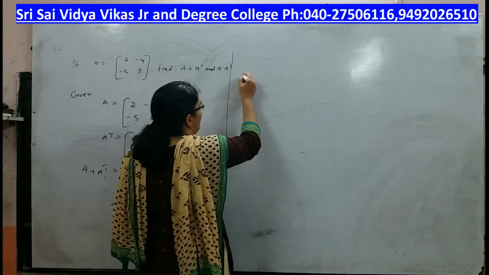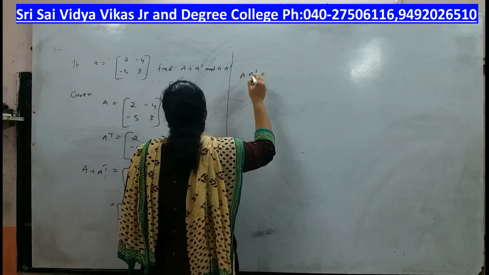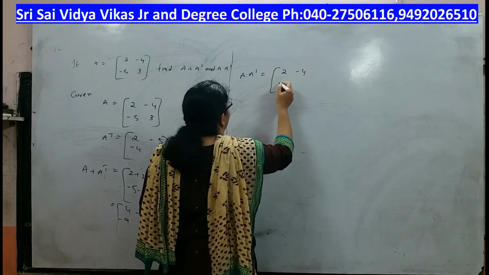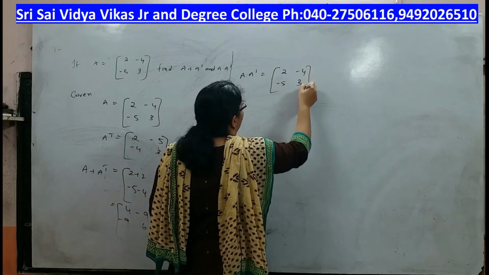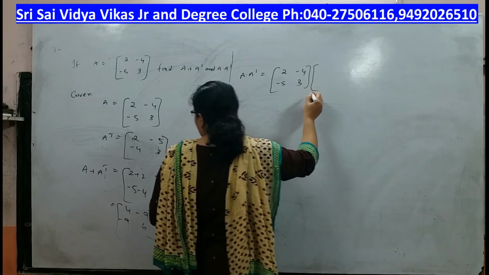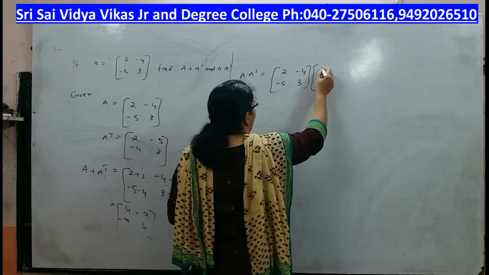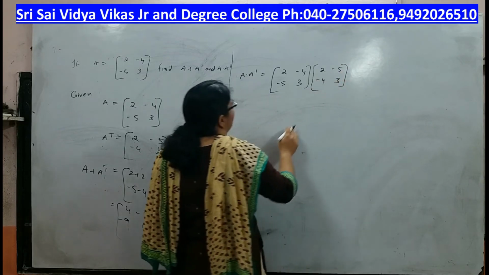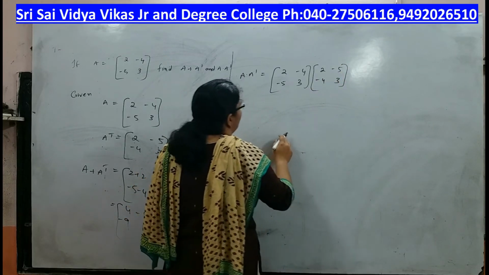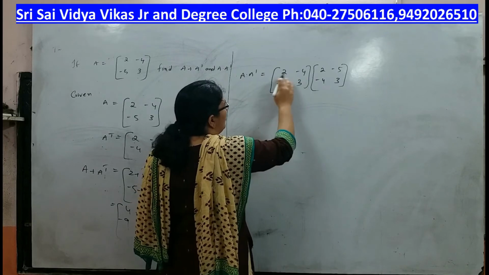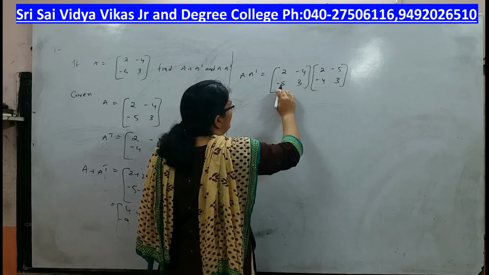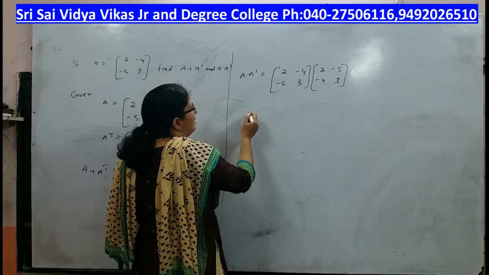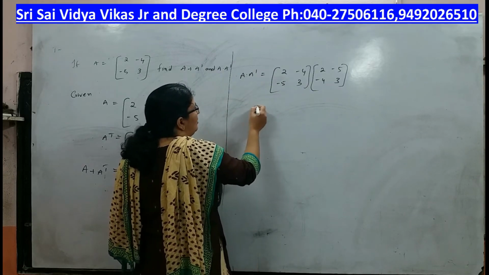Next, A into A transpose. What is matrix A here? 2, minus 4, minus 5, 3. A transpose is 2, minus 5, minus 4, 3. Here the rows you are writing as columns. Now A into A transpose.